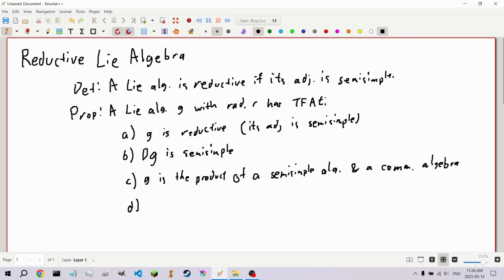D: G has a finite dimensional representation such that its associated bilinear form, its version of the Killing form, is non-degenerate.